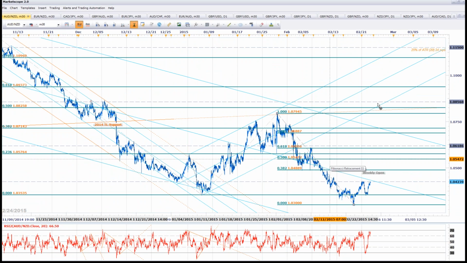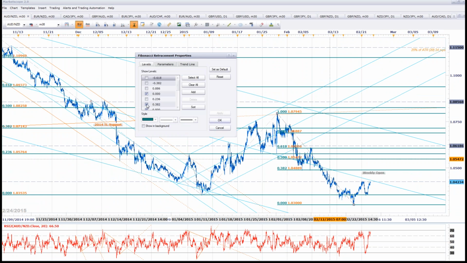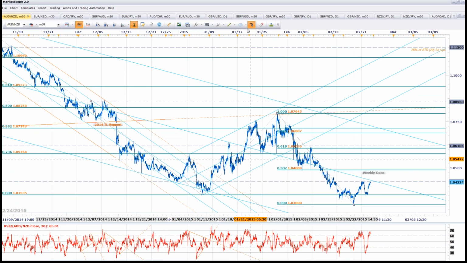Okay, I don't want to stress this 50 either. And this will be the highlighted key region here, near term.